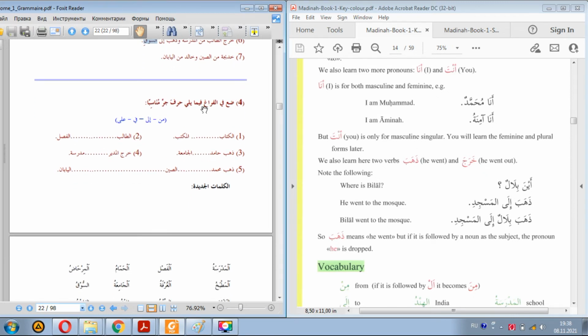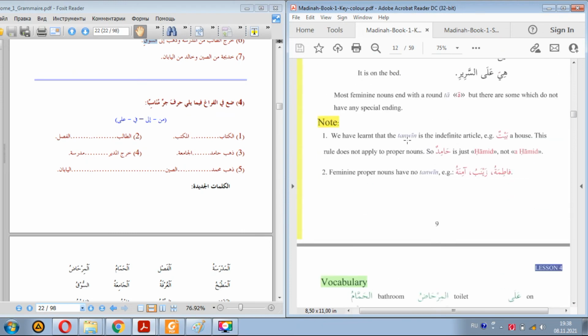ضع في الفراغ فيما يلي حرف جر مناسبا. حرف جر. By the way, these prepositions like fi or ala or min, every single one of them is called harfu jarr. Why?